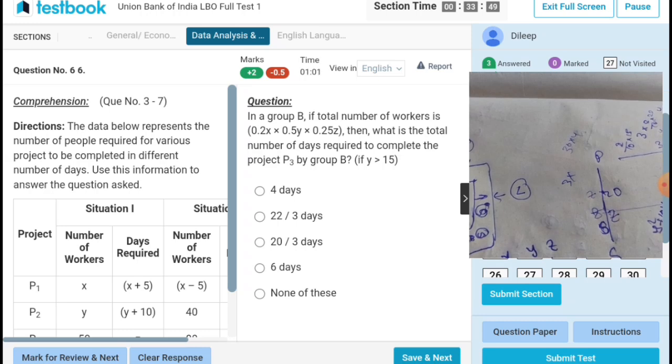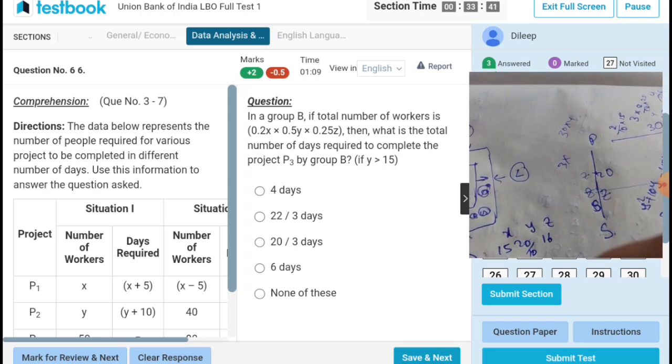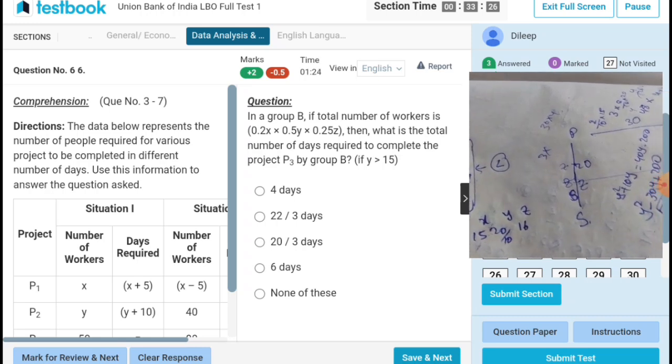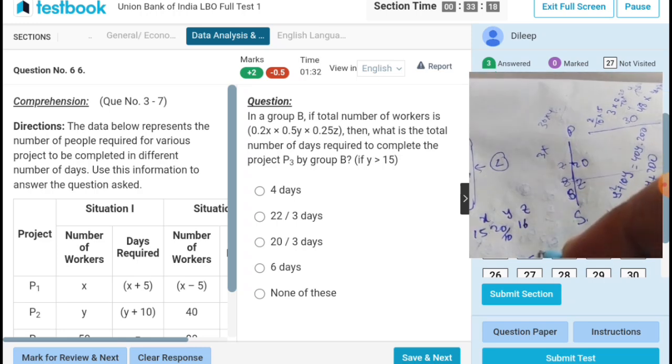Y is greater than 20 numbers. P3 800 80.